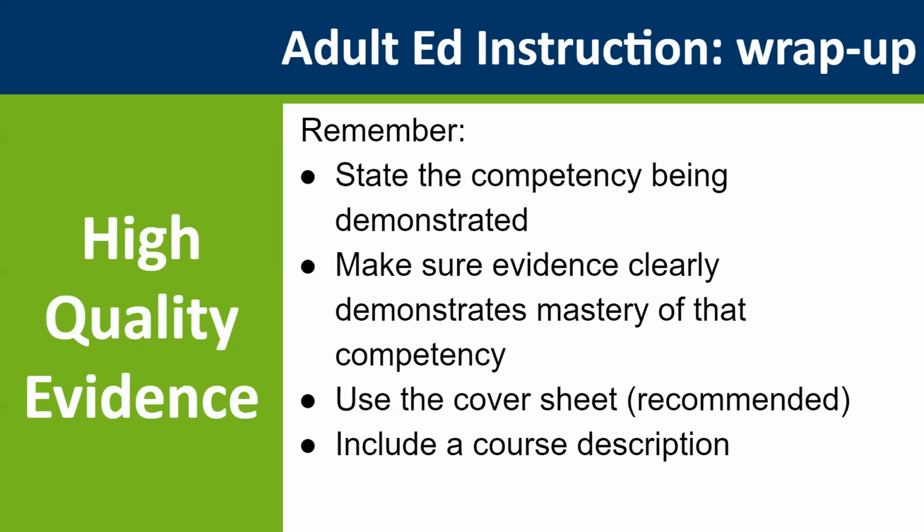Basically tell us as reviewers which specific skill your student is demonstrating mastery of. Then make sure that this piece of evidence clearly demonstrates mastery of that to someone who has never met your student, who doesn't know them, and who is not their teacher, because that's who we are as reviewers.